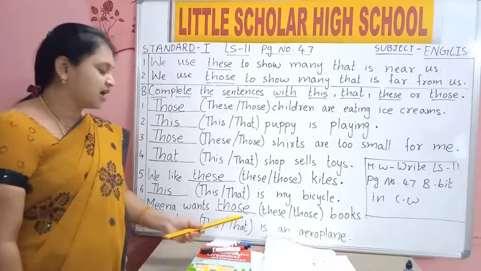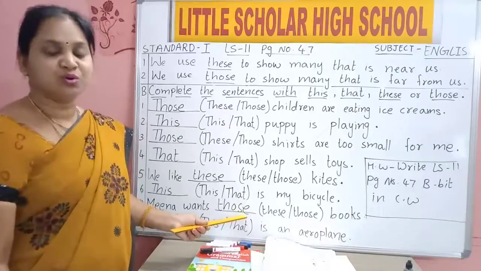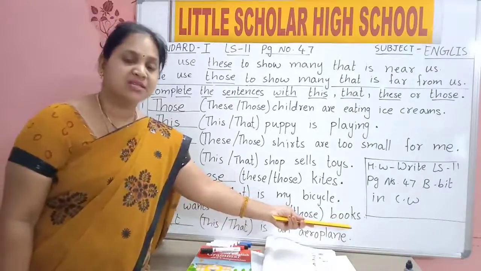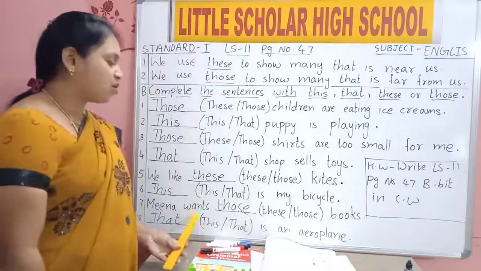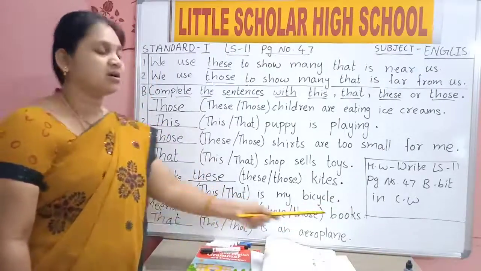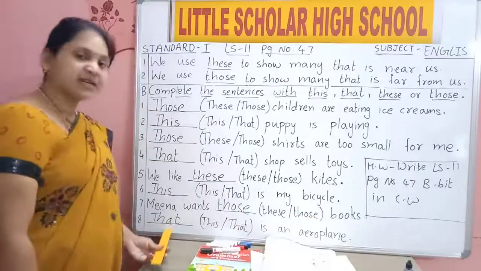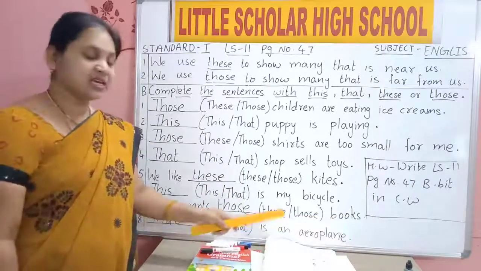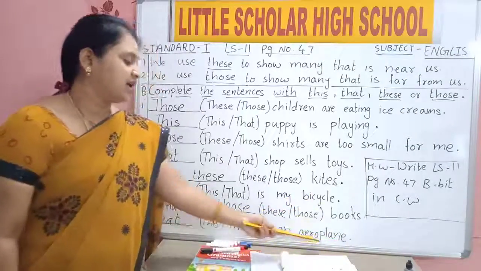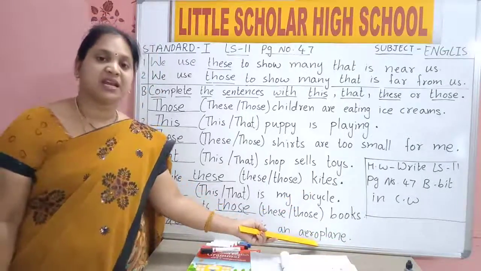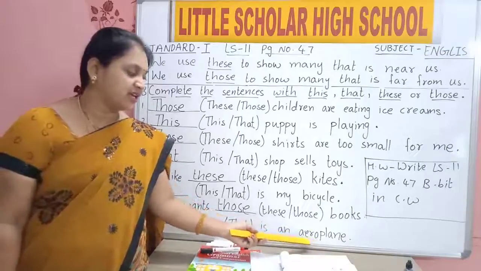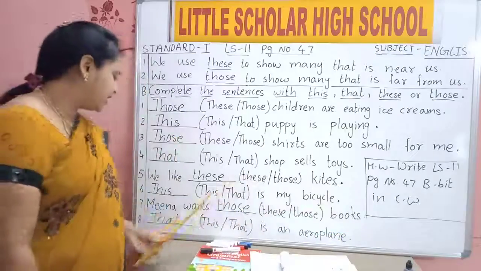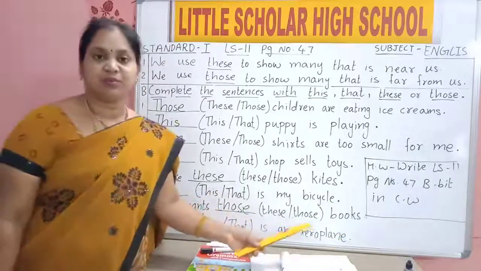T-H-O-S-E, those. B-O-O-K-S, books. Meena wants those books. T-H-A-T, that. I-S, is. A-N, an. A-E-R-O-P-L-A-N-E, aeroplane. That is an aeroplane.